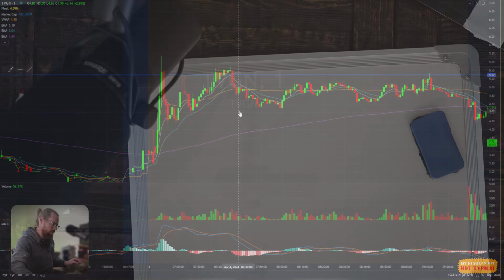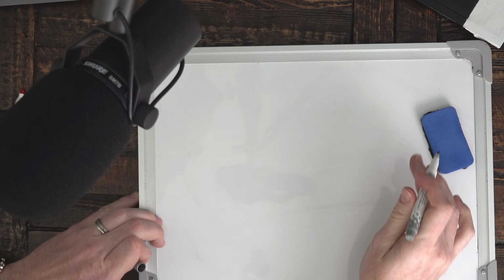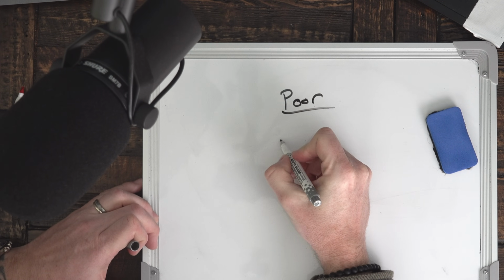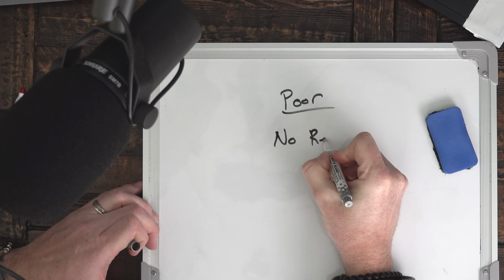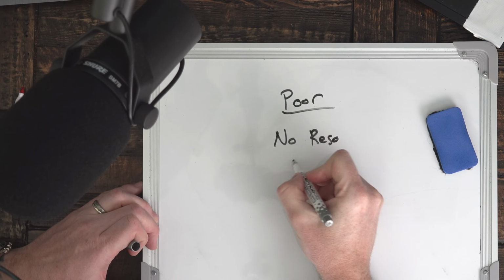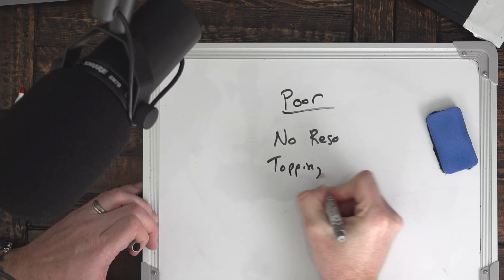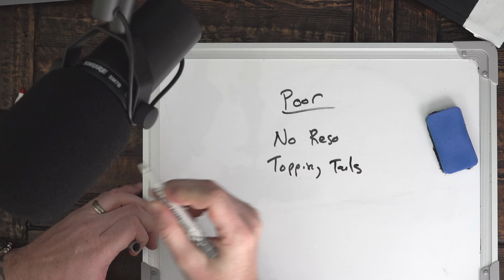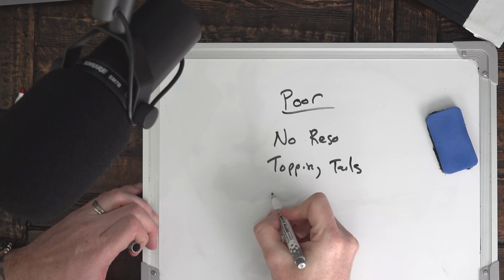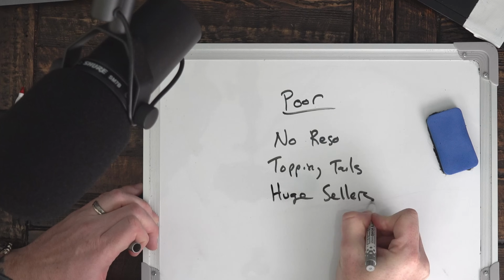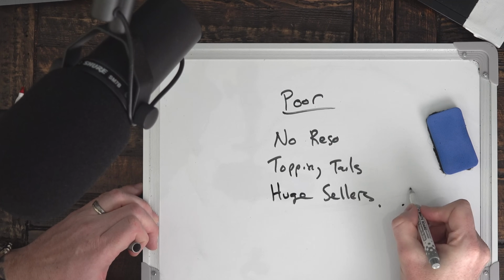All right. So, if we're going to sort of quantify what poor price action entails: no resolution on the patterns, we'll just abbreviate that. Topping tails, which in this case, we got a tweezer top. Huge sellers, so big sellers on the level 2, and we see it on the level 2.